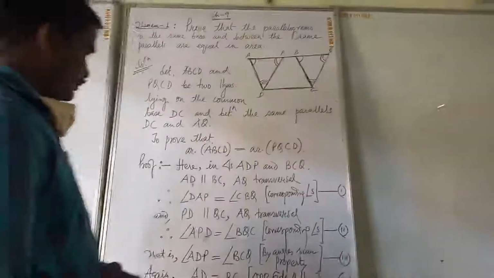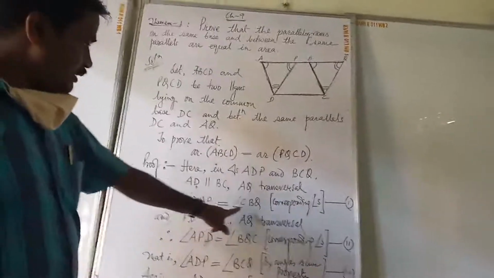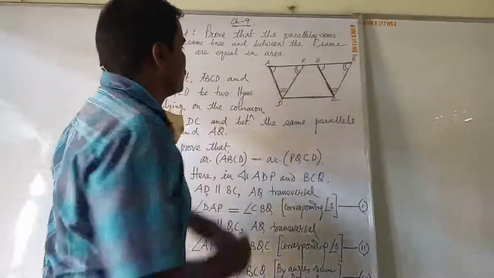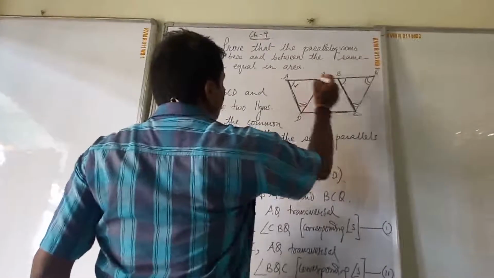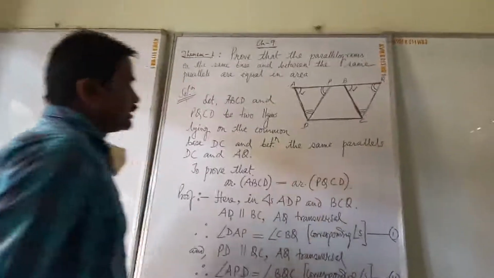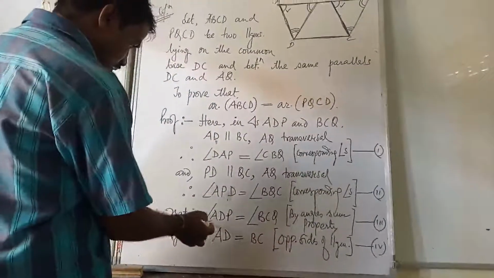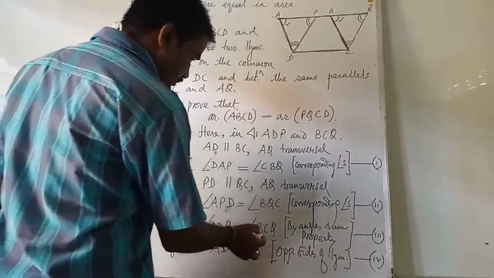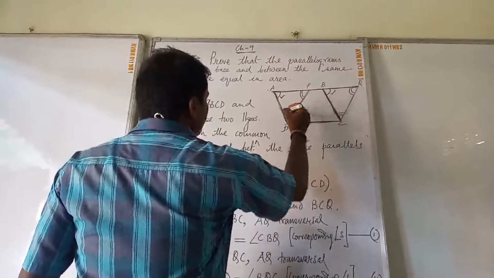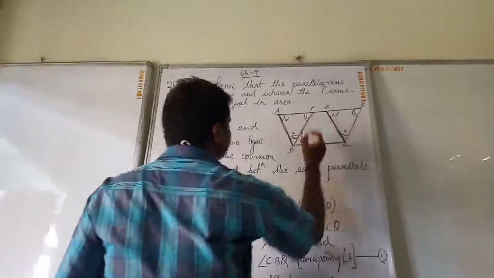Now, in number 1, angle DAP equal to angle CBQ. These two angles are equal. Number 3, angle ADP equal to angle BCQ. These two angles are equal.